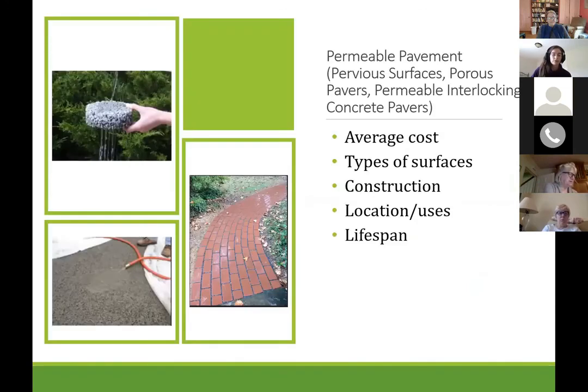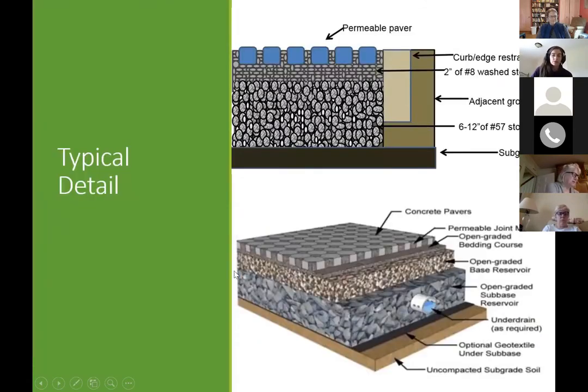Permeable paver systems. These are different. They can either be permeable interlocking concrete pavers or a cement solution or an asphalt solution that are free draining. So basically, these work by letting the water through the joints in between the pavers.